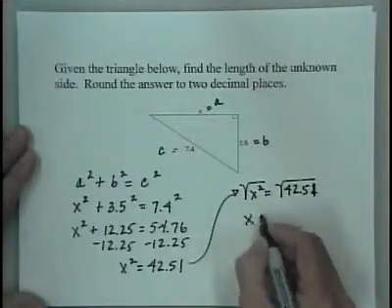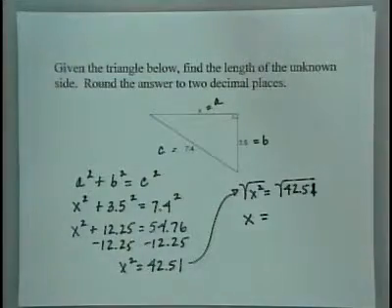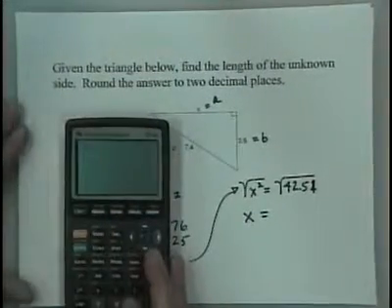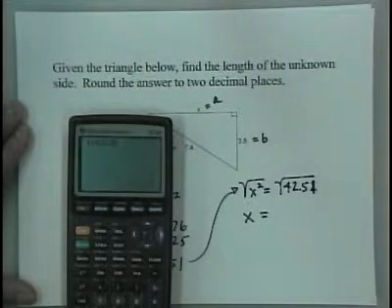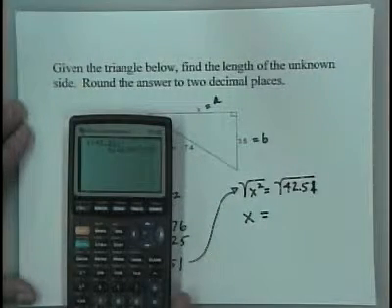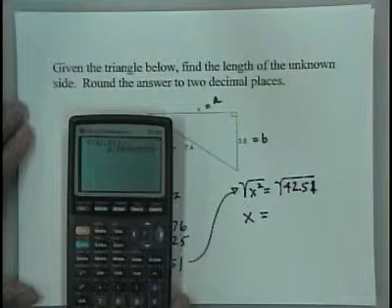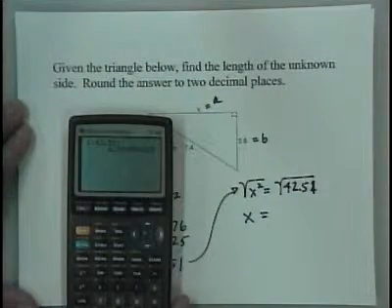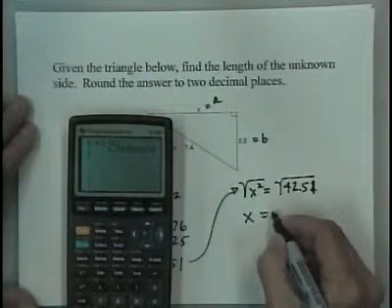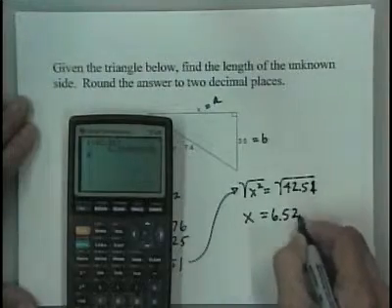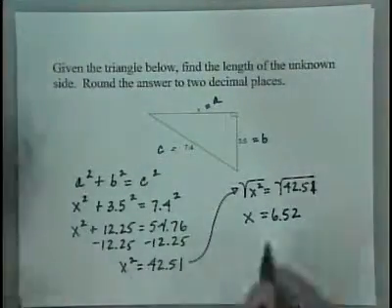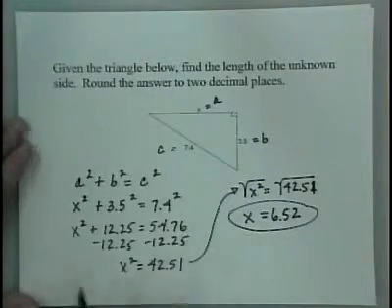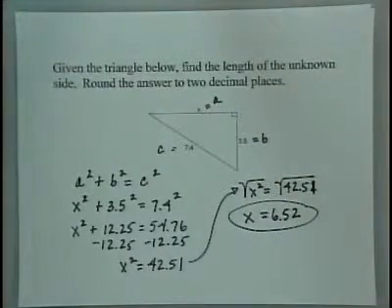The square root of x squared is x, and with the help of a calculator, the square root of 42.51 is 6.5199 and so forth. To round to 2 decimal places, I'd keep 6.52 as the missing side of that triangle. There aren't any units indicated in this problem, so answering 6.52 is appropriate.